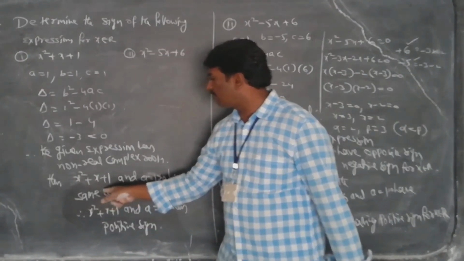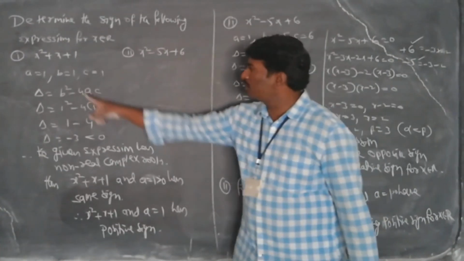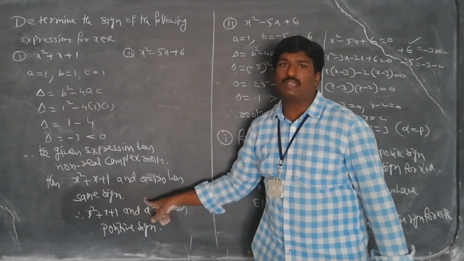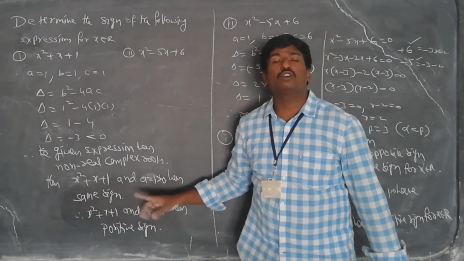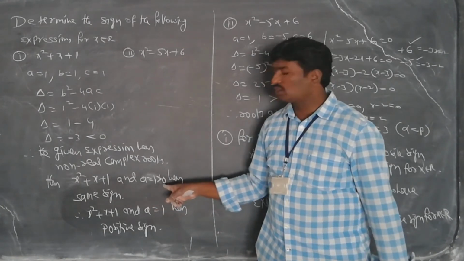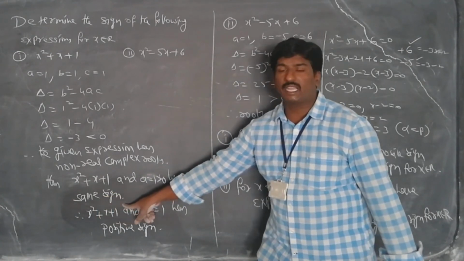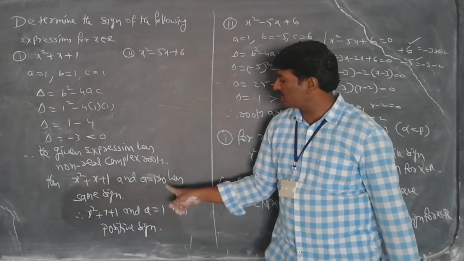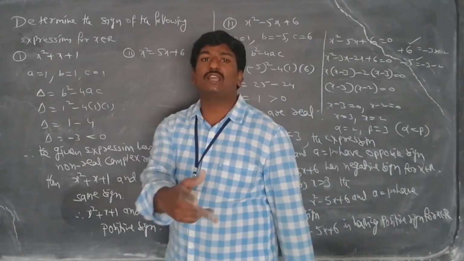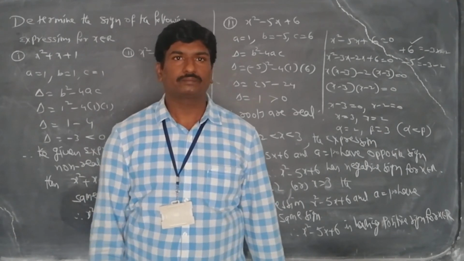So by that condition, here the expression is x square plus x plus 1, and the coefficient of x square, a equal to 1, have the same sign. What is that sign? By seeing the value of a you can identify. Then a is equal to 1, positive. So when it is positive, this expression also has the same sign, that is, positive sign. Like this you can determine the sign of the given quadratic expression.